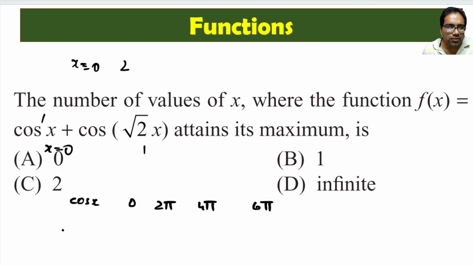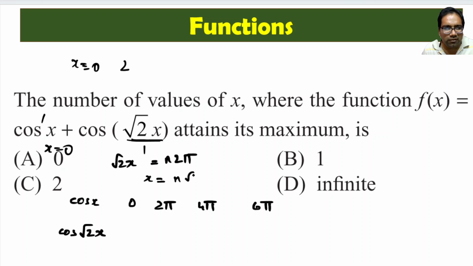What about cos √2x? Cos √2x will attain its maximum whenever √2x is a multiple of 2π. Whatever it is, if it is 2π, 4π, whatever. Okay. So what does that mean? x is a multiple of √2π.